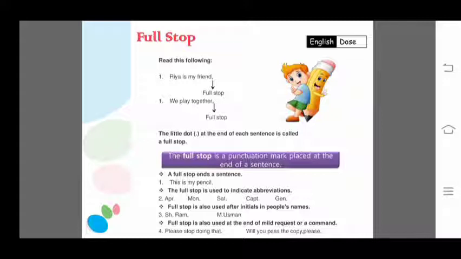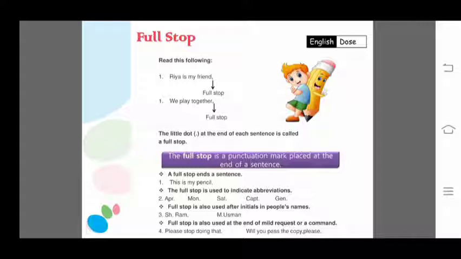Mon. dot means Monday. Sat. dot means Saturday. Capt. dot means captain. Gen. dot means general. So it is clear that we use abbreviations to form short forms. We use a full stop to make the abbreviation of nouns such as April, Monday, Saturday, captain or general.